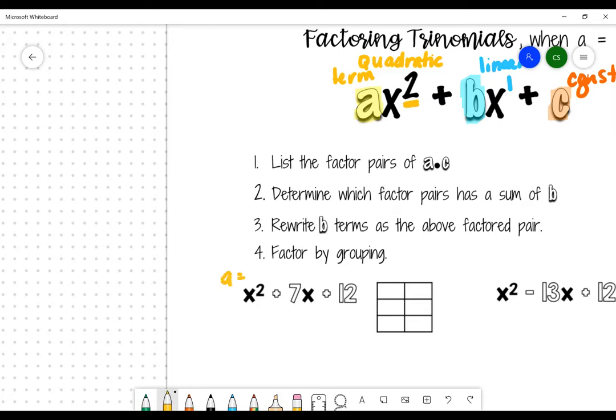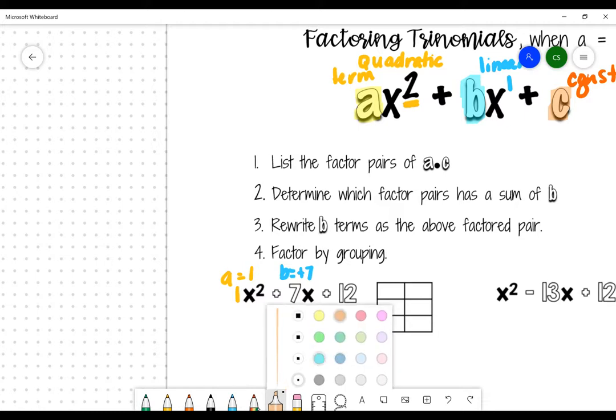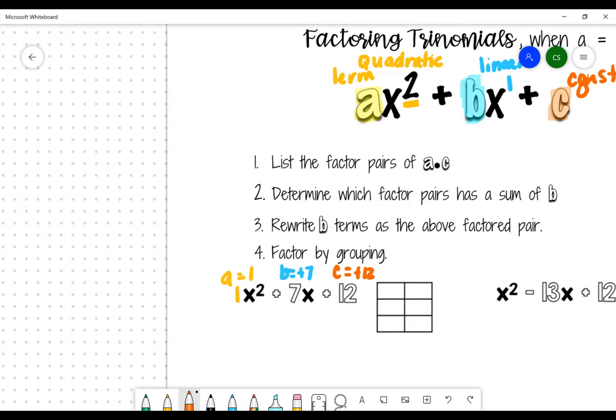A is equal to 1 because in front of a variable, if I don't have a number, it's known to be 1. B is equal to a positive 7. The signs are going to be important. And c is equal to a positive 12. So I need to multiply a times c.